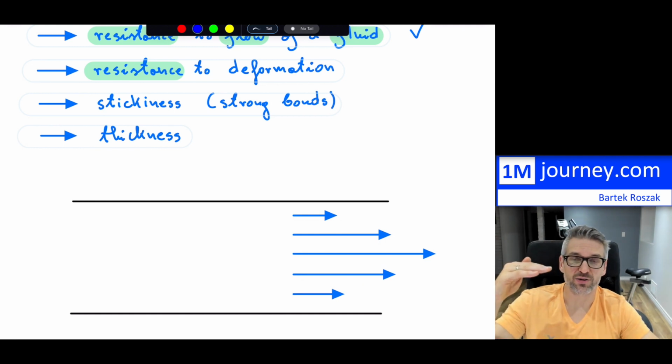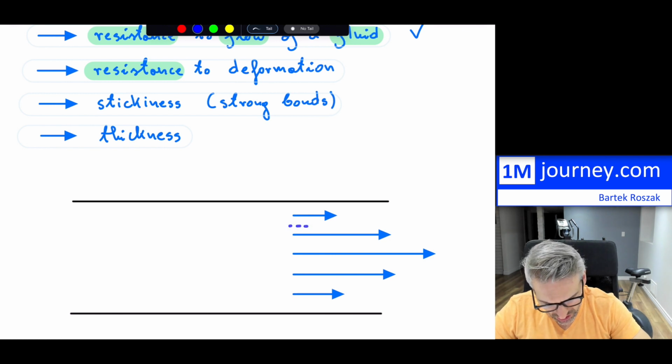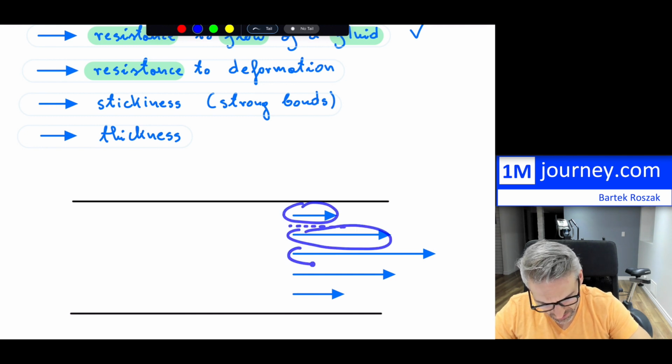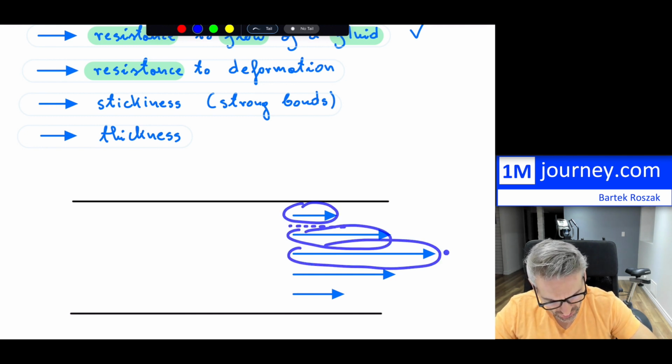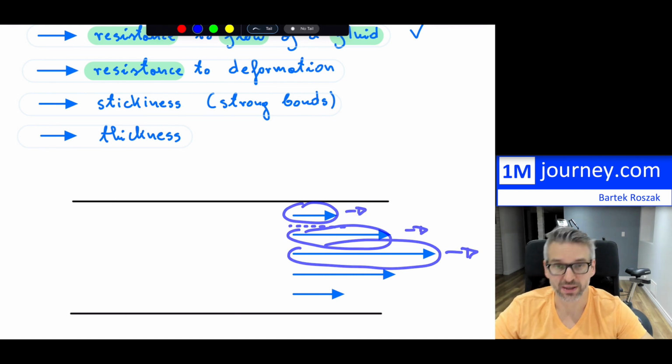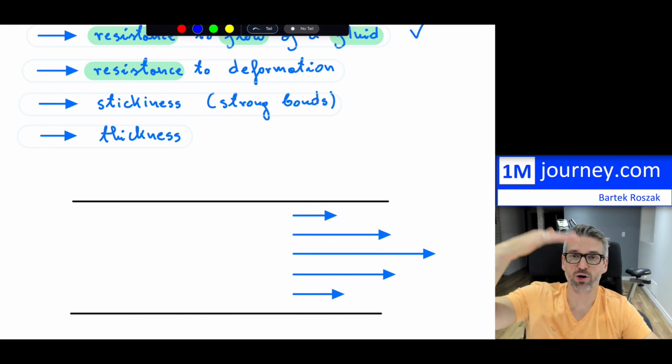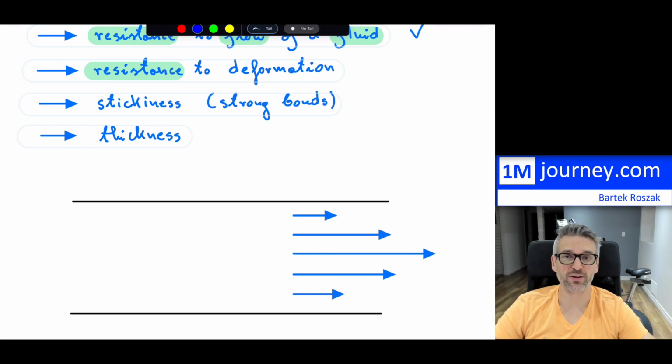These are the layers, so this is why we call this laminar. There is not much interaction between this layer and this layer over here, and this layer over here. So this is laminar flow, the layered flow of the fluid as it goes along, between one layer and another.